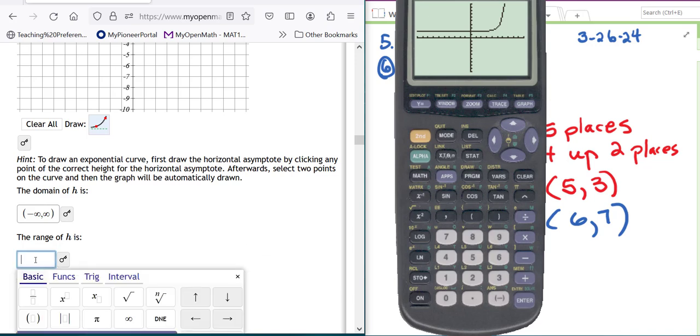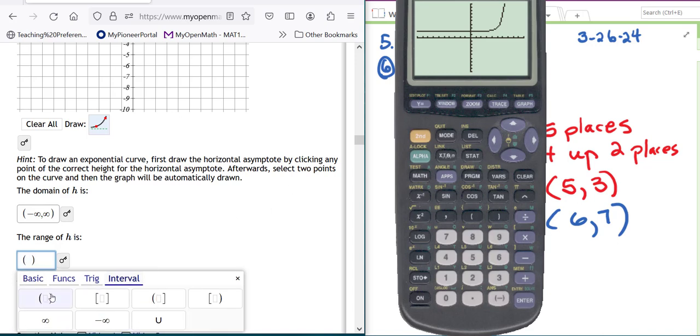All right, the range. Range is going to go from the asymptote, which you are not touching, to infinity. So you're going to go from 2, comma, to infinity.